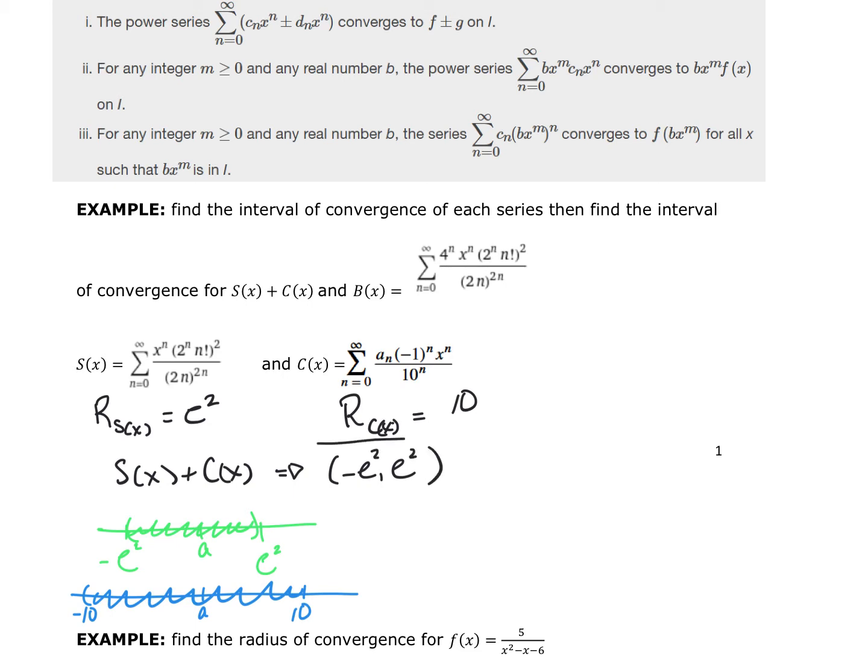So that's my answer. By the theorem up above, basically you look to find out where the radius of convergence is, you look at where their center is, then you find their interval. And then wherever they both have that shared interval is going to be your solution.